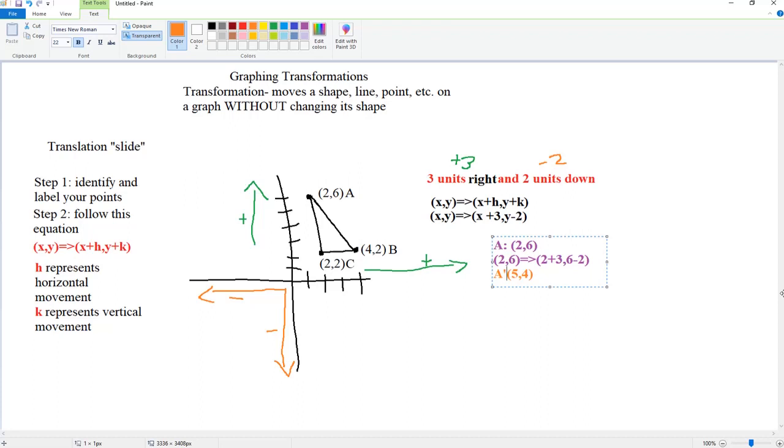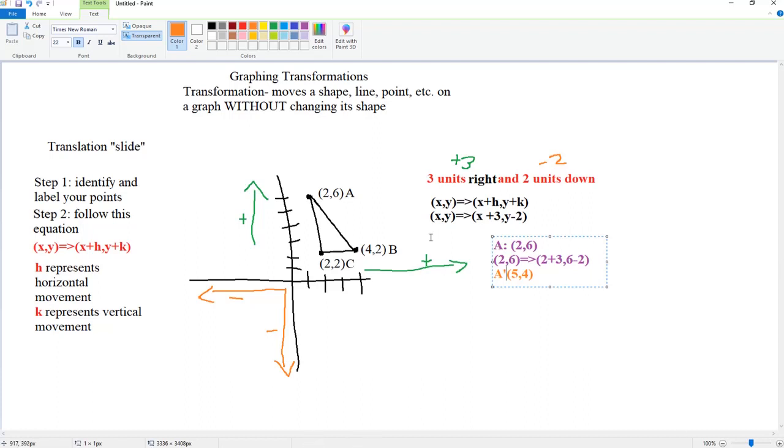This is called prime. So this is A prime. If I did 2 translations to it, if I moved it twice, I would do double prime. 3 times, triple prime. 4 times, quadruple prime. 5 times, pentuple prime. And it just keeps going. But because I only did it once, this is A prime. This is how you differentiate the original shape from the new shape.